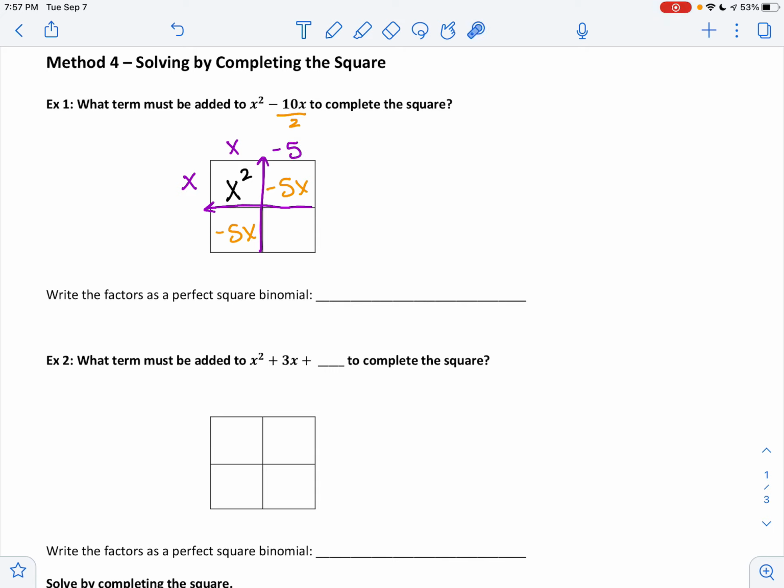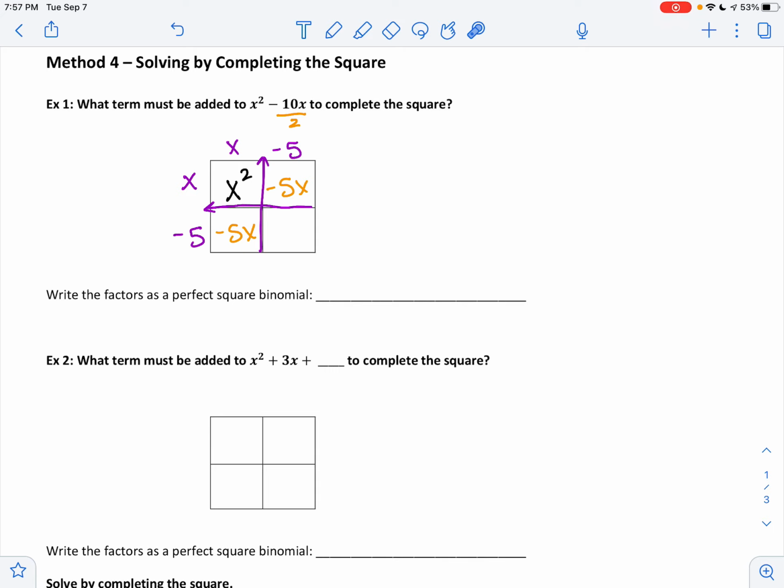X times what number would give me negative 5x? Negative 5. We can now see that this side length is x minus 5 and this side length is x minus 5. So we have made a square because all four sides are the same.